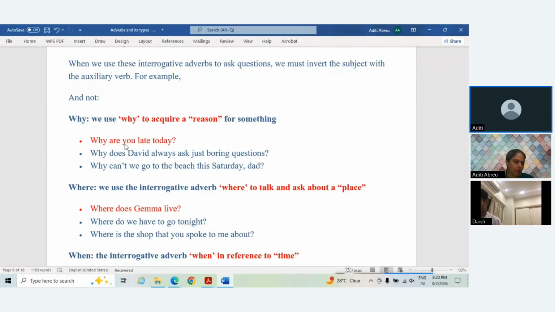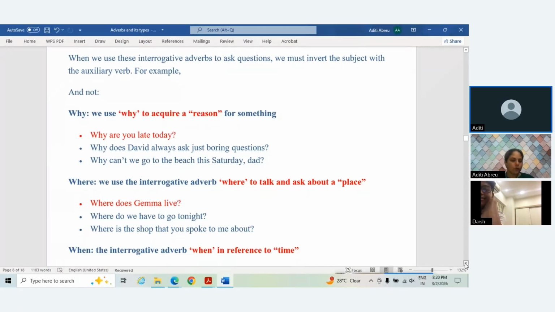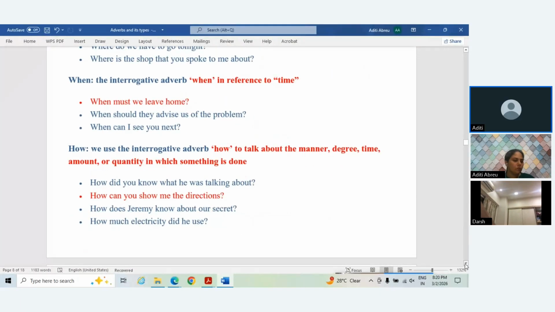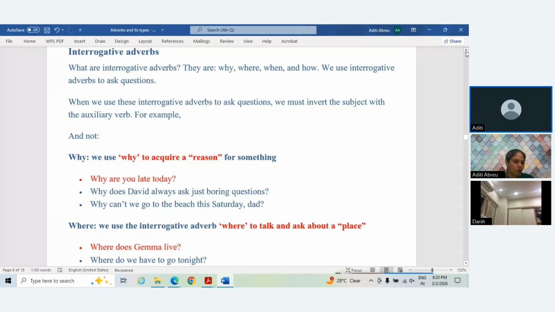Words like why, where, when, how, when they come at the start of a question, these words are your interrogative adverbs. Remember. Just write the words when they come at the beginning of a question. These four words why, where, when, and how, when they come at the beginning of a question, are called interrogative adverbs.